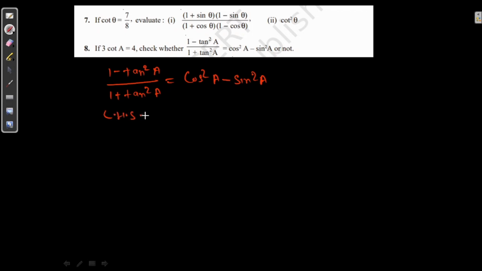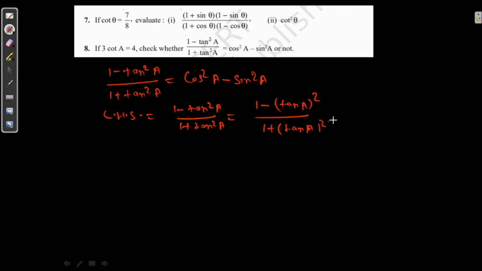First, I am going to solve the left hand side, which is 1 minus tan square A upon 1 plus tan square A. You know this tan square A means square of tan A. What is tan? We know it is Pakistan bhuka pyasa, P by B. Correct? It is P by B.